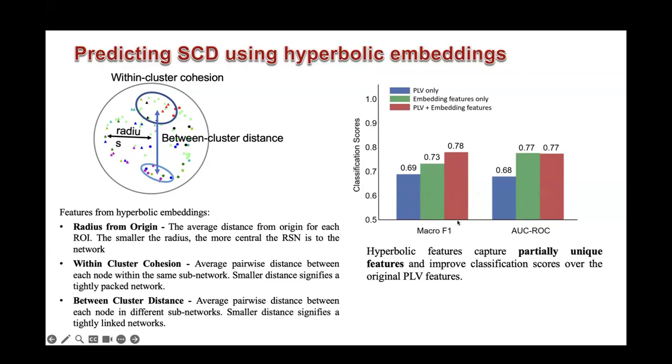The green and red bars show the results based on the embedded features, and the embedded features combined with the original adjacency matrix features. We can see the hyperbolic features capture partially unique information and improve the classification scores over the original adjacency features.